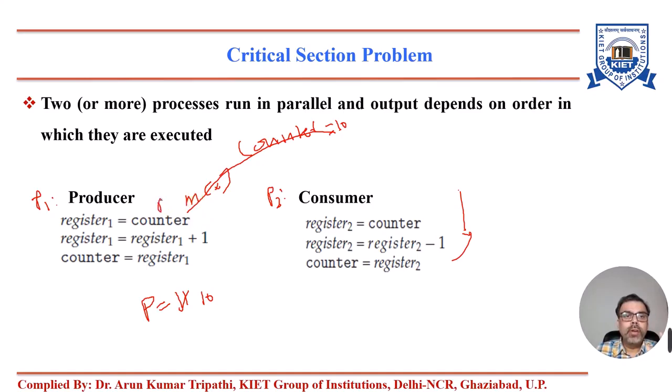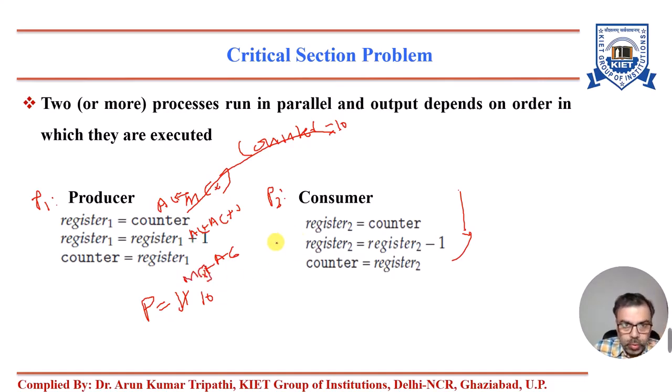So it stores the value of location MX into the register, and then the accumulator value is incremented by 1: AC = AC + 1. Once the accumulator has computed the value, it must be stored back to the memory location MX.